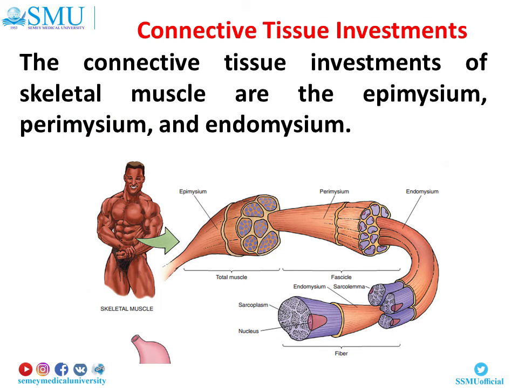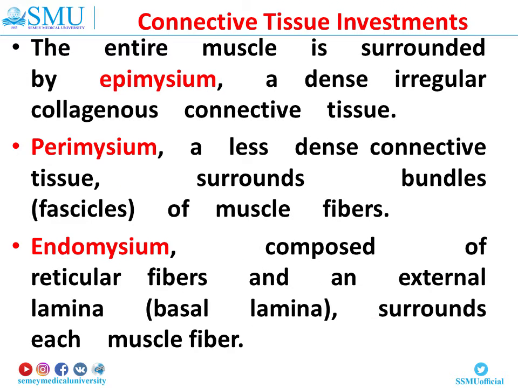Connective tissue investments. The connective tissue investments of skeletal muscle are the epimysium, perimysium, and endomysium. The entire muscle is surrounded by epimysium, a dense irregular collagenous connective tissue. Perimysium, a less dense connective tissue, surrounds bundles or fascicles of muscle fibers.